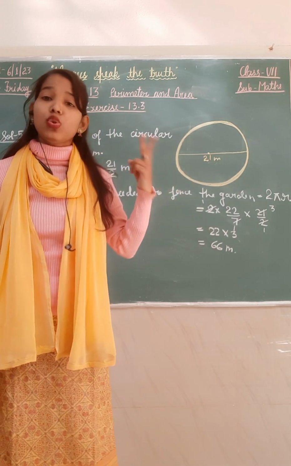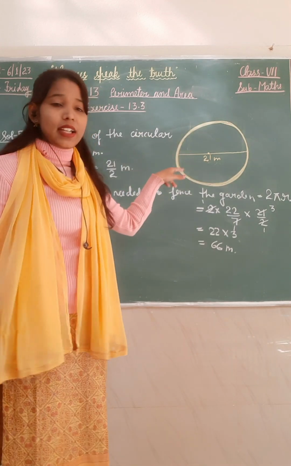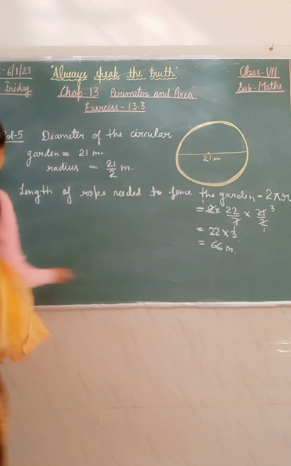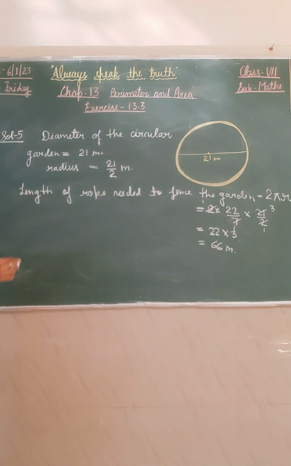But he needs to take 2 rounds of fence. So that means we should multiply the perimeter by 2. So write down here, he makes 2 rounds of fence.